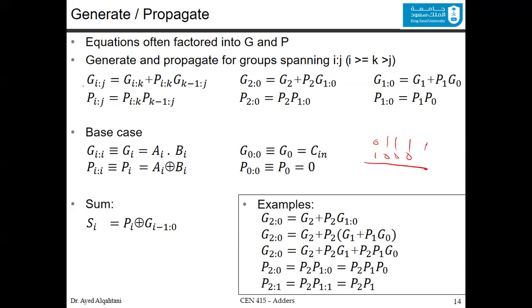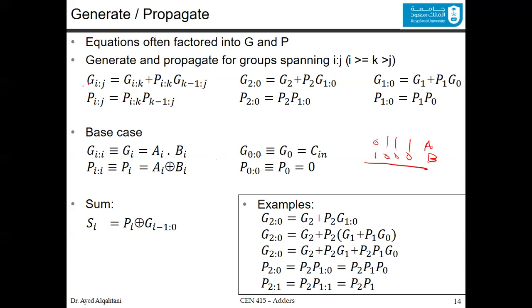Now, if this is A and this is B, what we say here is that if you are interested in the group generation from a certain stage to another stage, because in the base case, we say that the generation in this certain stage is actually the group generation from a stage to the same stage. We can rewrite it this way, like G00, or G11, and so on.